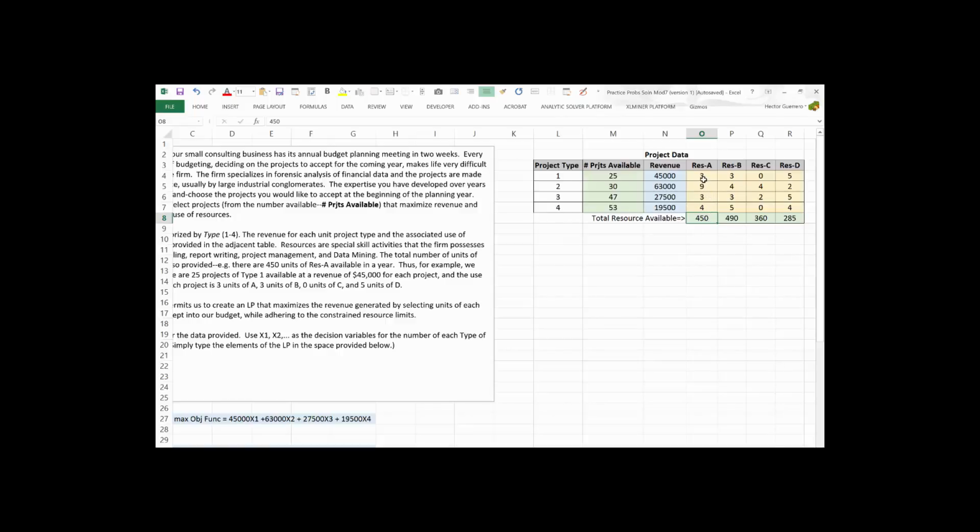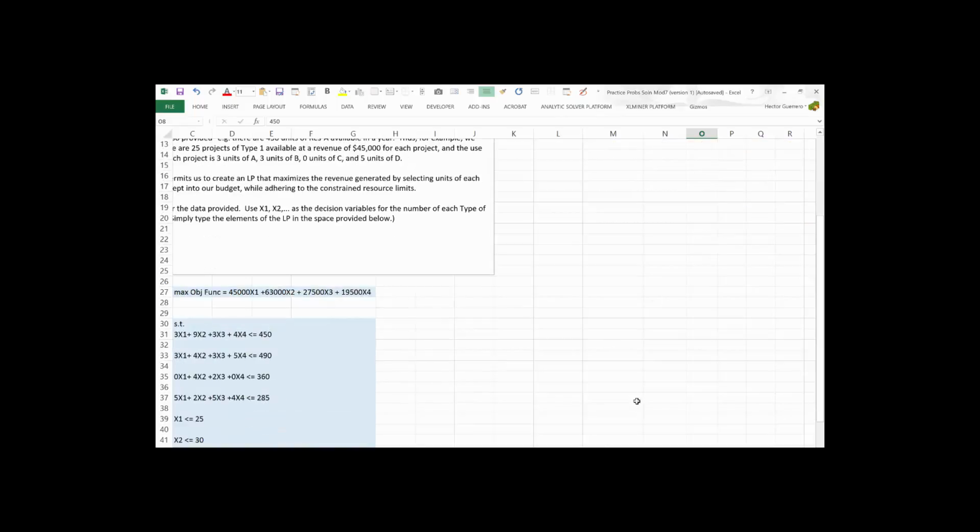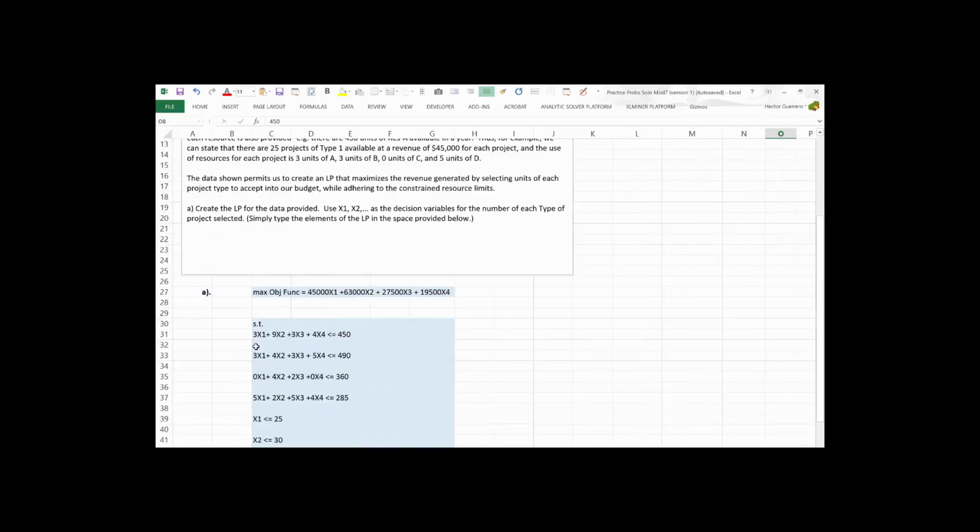So if I multiply those variables, the quantity of projects that I'm going to take, times this coefficient, that summation of those variables cannot exceed 450. So that's where we have our first constraint. 3 x1, 9 x2, etc. must be less than or equal to 450.